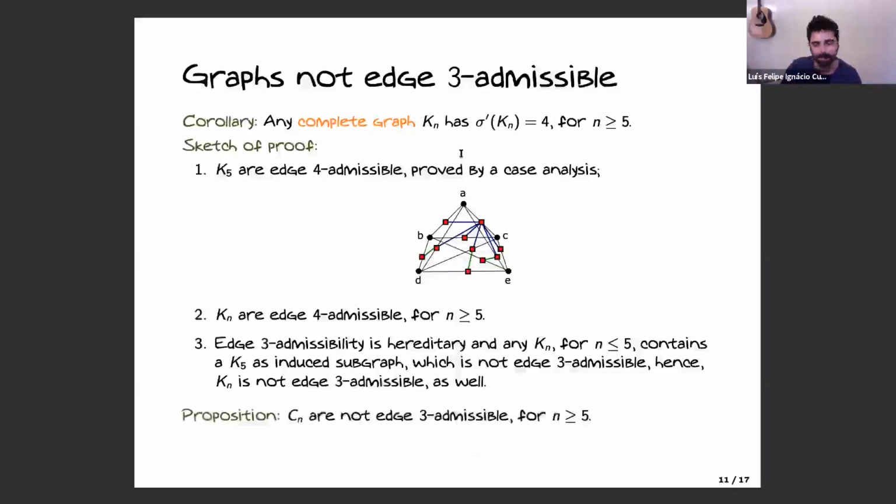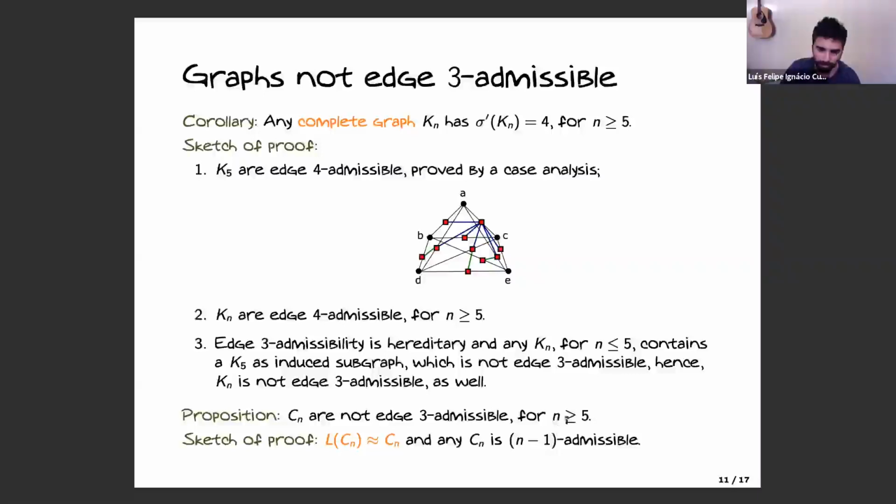Also, other graph classes that cannot be in any tree admissible one are the cycles of length n for n at least 5. Why? Because we can simply analyze that line graphs of cycles are isomorphic to cycles, and cycles of length n are n minus 1 admissible, as we saw in the first example of the presentation.